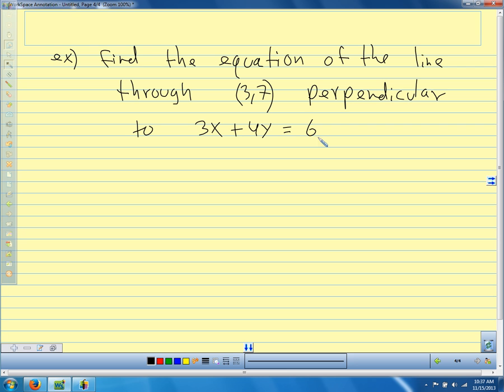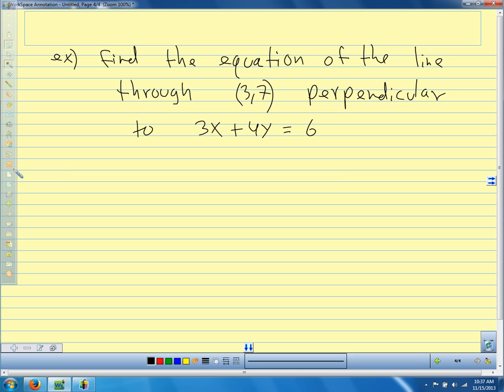So this one's a little different. We don't know what the slope of this line is. How can we find the slope of that line? Anybody have an idea?